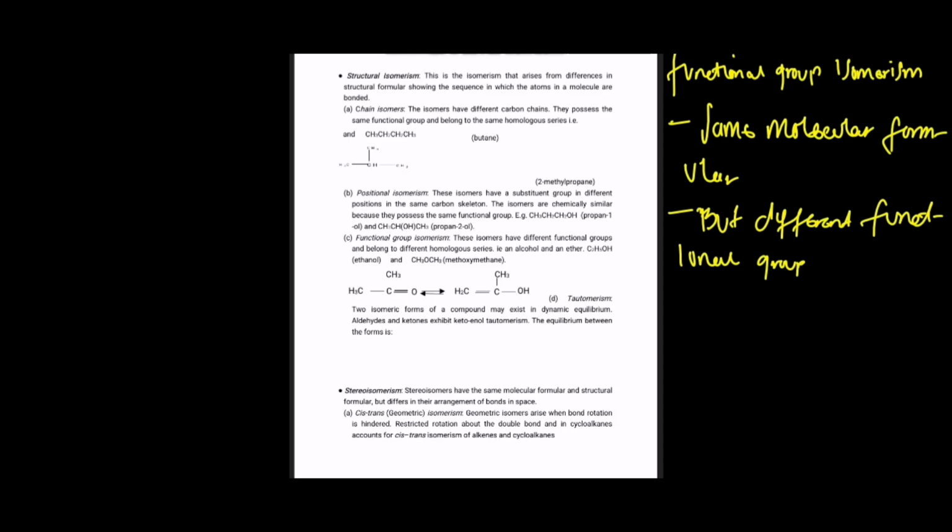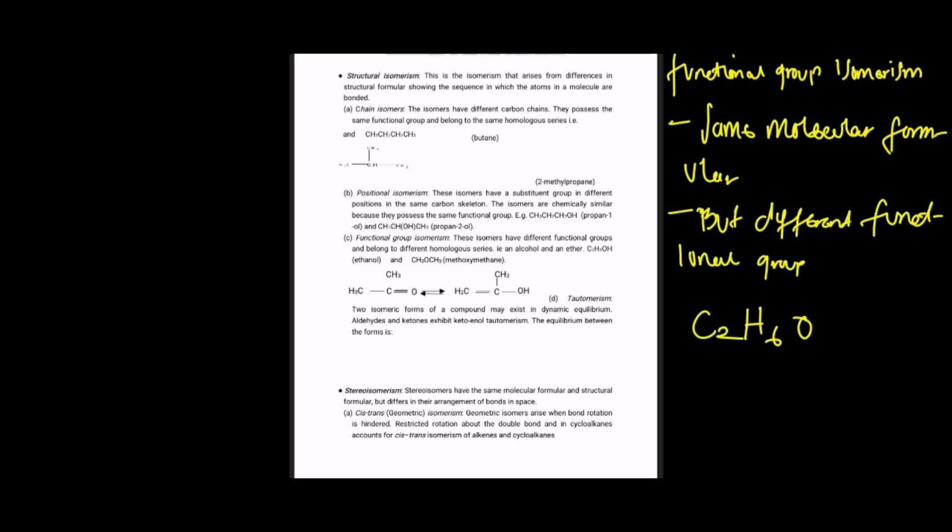Now let's use the example of the alcohol group. Let's use this molecular formula, C2H6O.